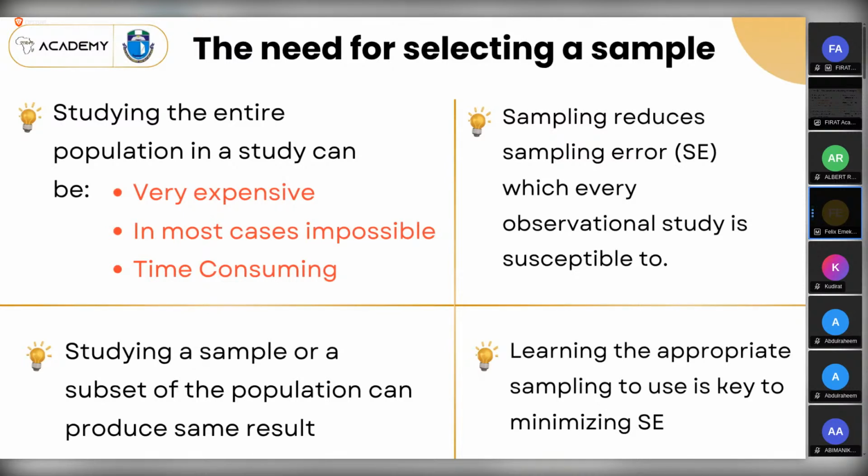300, 400, 500, 600 at most, 700 at most. And from that, your research, you begin to make some inference from the 600 among the research.